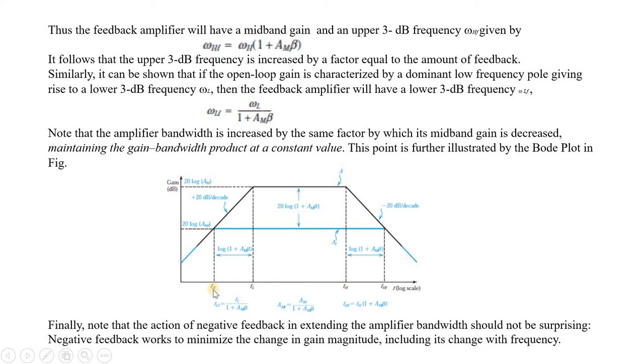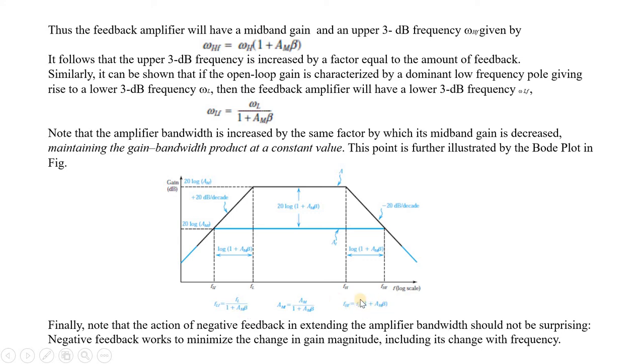Whereas with feedback, at FLF and FHF, your gain is going to be decreased by some factor. Because of that gain reduction, your bandwidth is going to be extended from FL to FLF and from FH to FHF. FLF is extended by the factor 1 divided by 1 plus AM into beta.